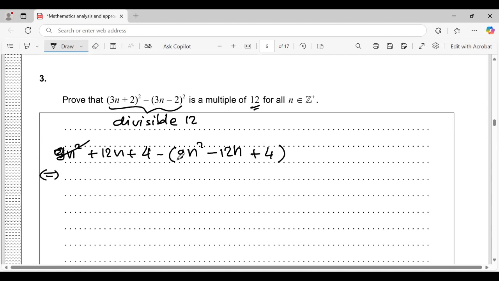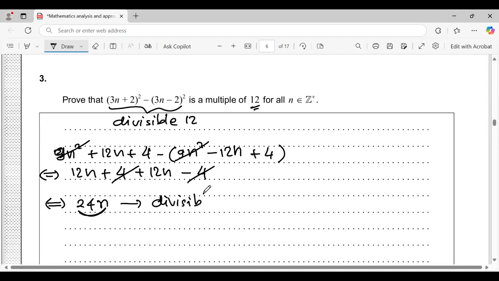So it becomes 0 because 9n squared minus 9n squared, and it becomes 12n plus 4 plus 12n minus 4, which is 0. So 12n plus 12n equals 24n. This expression is divisible by 12.